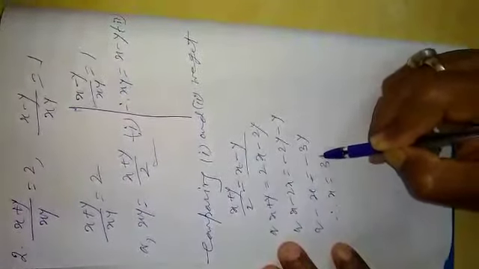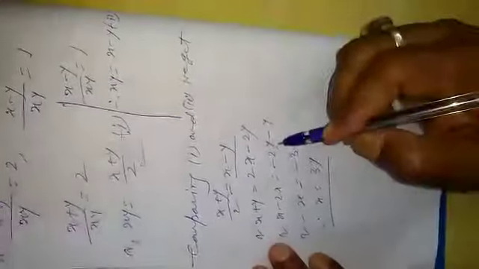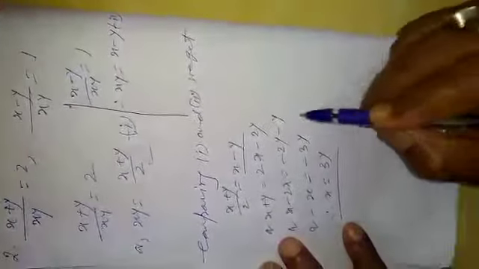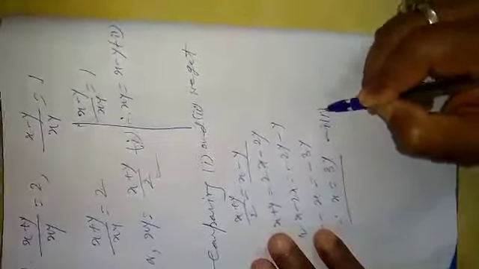Therefore x = 3y. Putting the value of x = 3y in equation number 1 or 2, that is equation number 3.